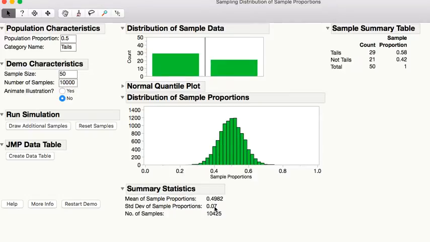So if I go to my calculator and type in the square root of 0.5, that's p, times 0.5, which would be q, divided by 50, my sample size, that's the formula for the standard deviation. I get on my calculator screen 0.0707, which is pretty close to what this standard deviation is.